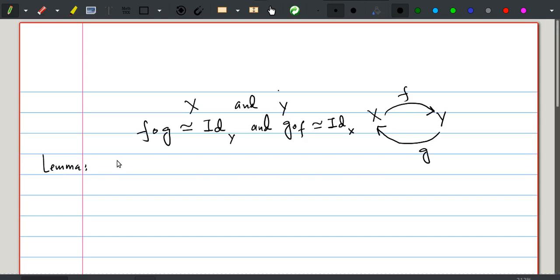Now let us prove the following lemma, which states that homotopy equivalence is an equivalence relation on the set of all topological spaces.